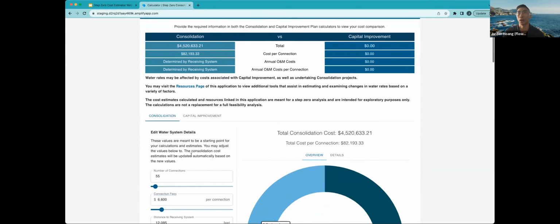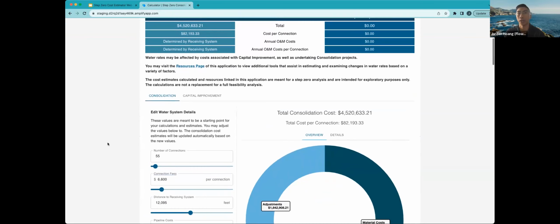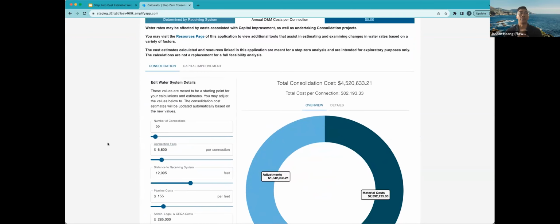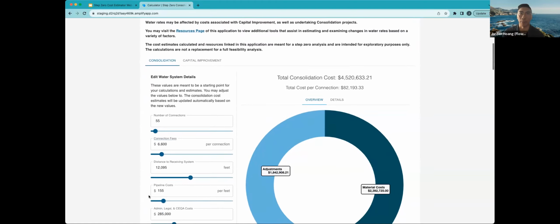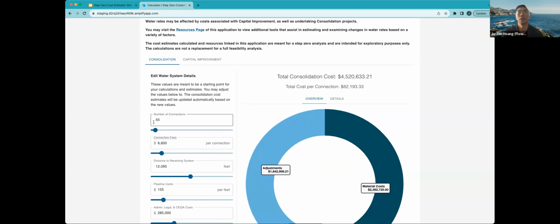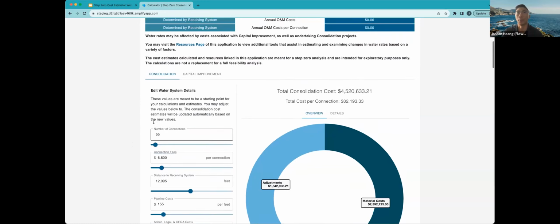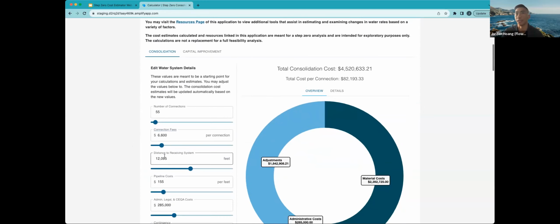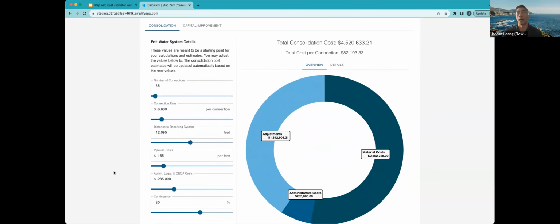Like I mentioned earlier, there are values that are stored in the application. So we have the number of connections for Alpine Acres, and the distance to the receiving system. And then some of that cost data is also being pre-populated by the application: $6,600 for connection fees or $155 per foot of pipeline.